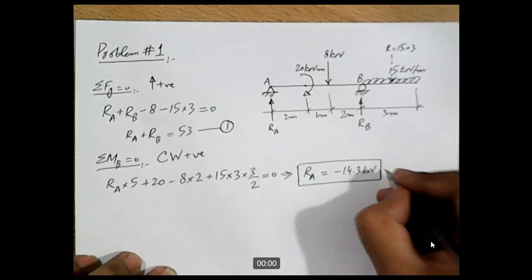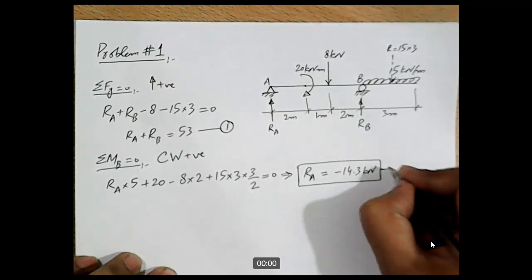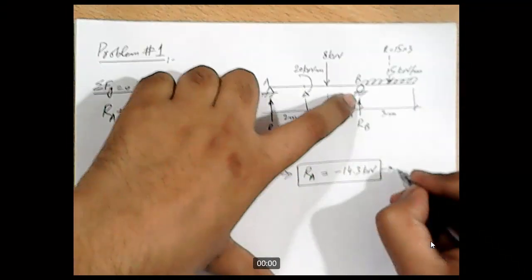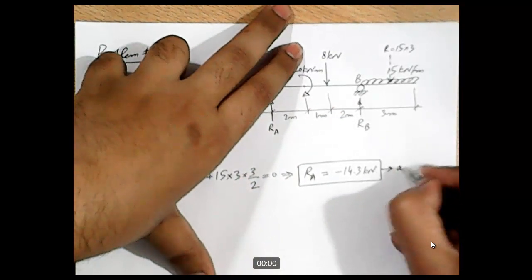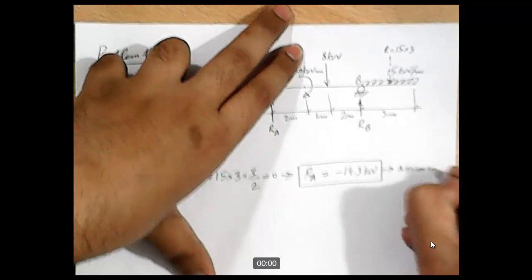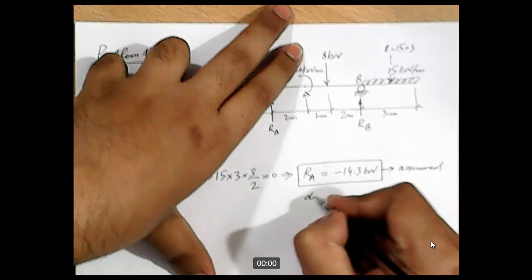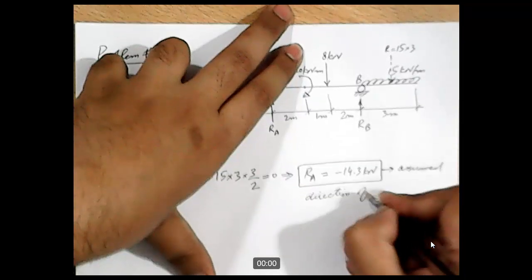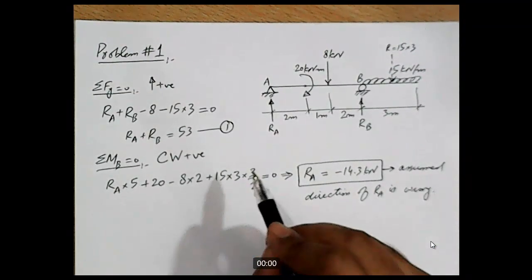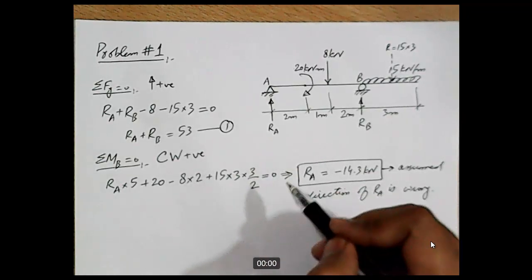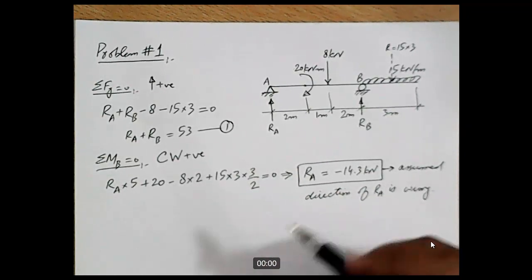So we can say that the assumed direction of RA is wrong. So in reality RA is acting in downward direction. When we make further calculations, we will incorporate that.